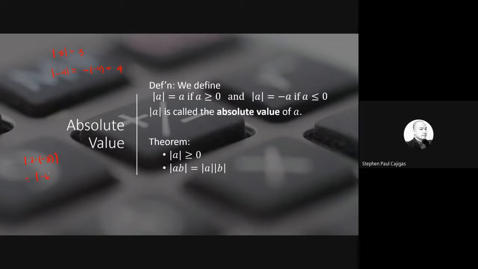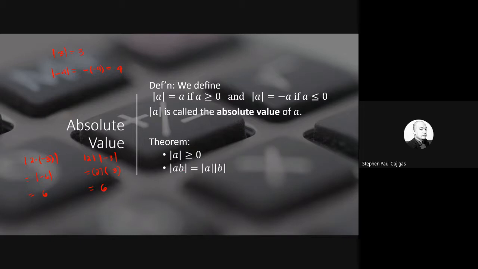This is negative 6, and this is equal to 6. The same happens if we get the absolute value of 2 and multiply it to the absolute value of negative 3. So this is equal to 2 times positive 3, and this is still equal to 6. So for multiplication, we can separate the absolute values.